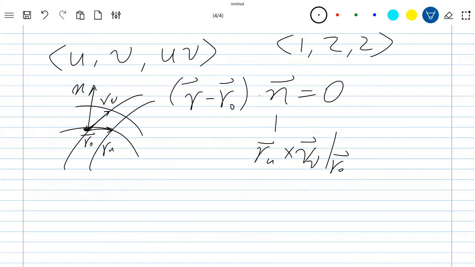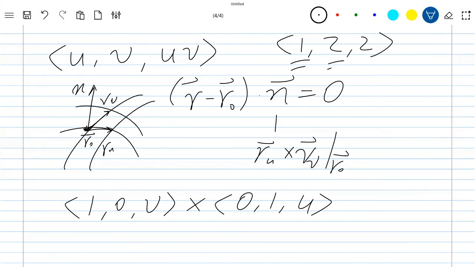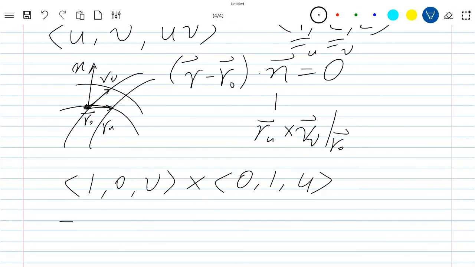So what is ru cross rv? It will be (1, 0, v) cross the v derivative (0, 1, u). And you have to plug in u equals 1, v equals 2. So that means (1, 0, 2) cross (0, 1, 1).